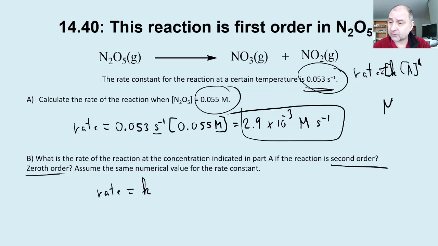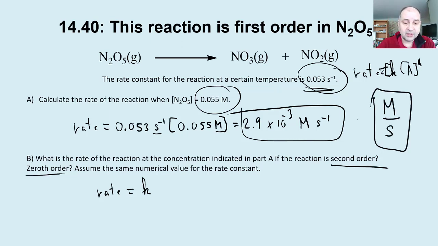We know our rate is always going to have to be molar per second. So that means that the constant's units are changing. So the constant's units are going to be 0.053 molar per second. So that's important. And so this is for zero order.